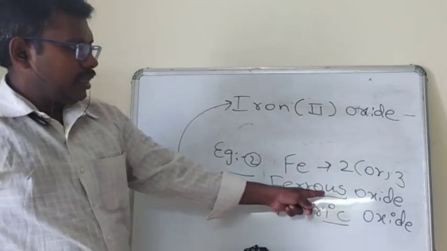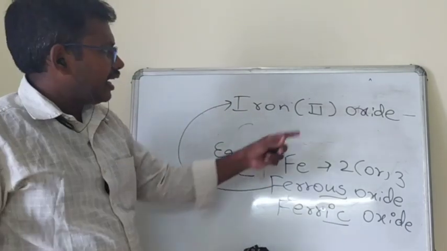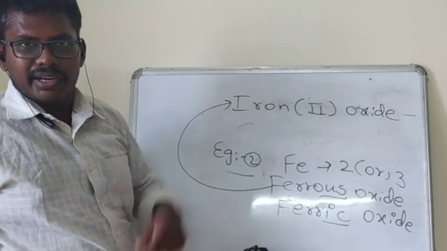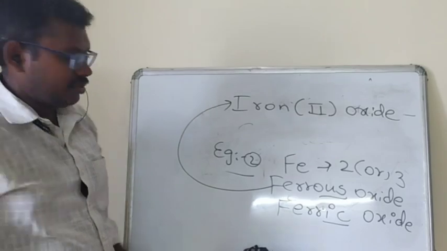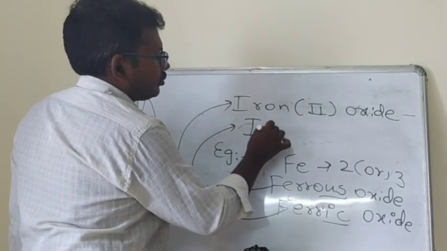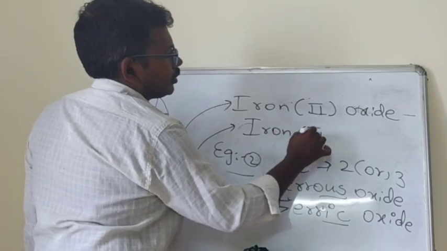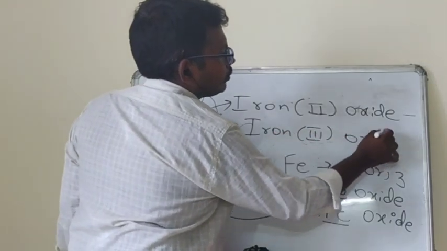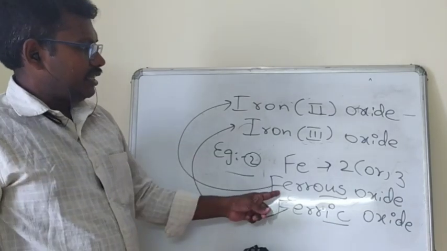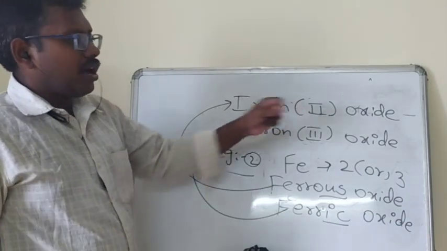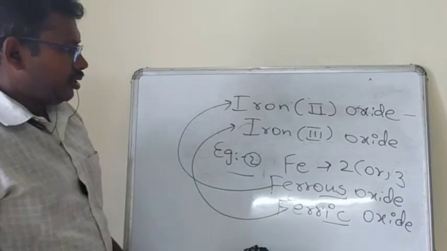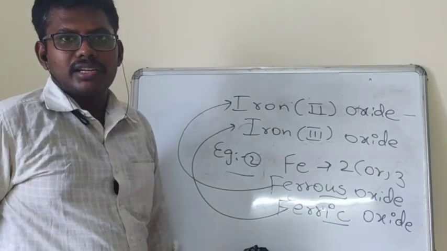So instead of "ous" I can keep the balancing number in brackets as a Roman numeral. I can write another name also: iron 3 oxide. So this is iron 2 oxide, and this is iron 3 oxide. So this is about the variable valency.